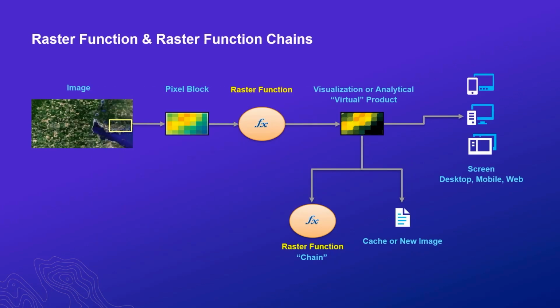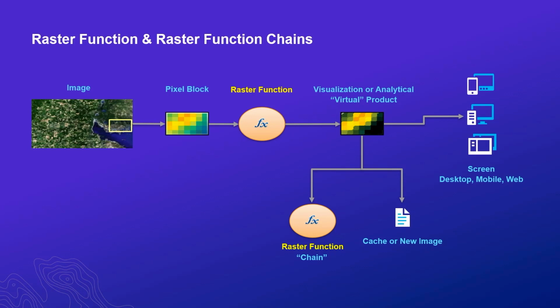Now let's take another close look. What does it actually do? It gets some cells from an image in a specified area, whatever area you are looking at, not the entire area, but a small area of interest. It gets the pixel values at the resolution that you are looking at, and applies the raster function to it, and you can see the new information coming out of it.